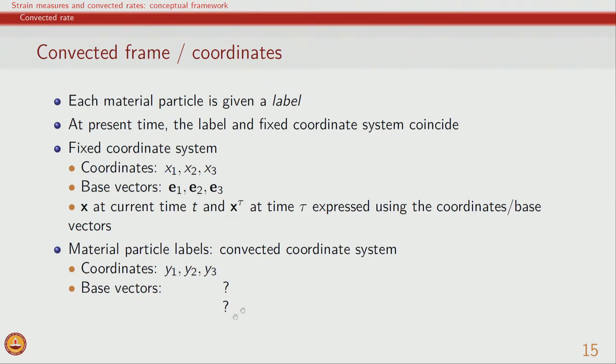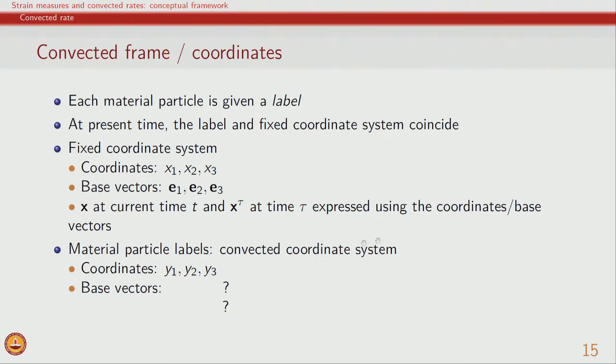So, now the question is, what kind of base vectors can be used to describe this? In this case, we are familiar with the orthogonal unit vectors which are used as base vectors, and along with these coordinates we complete the description of the fixed coordinate system.